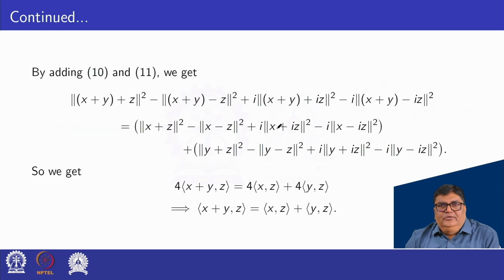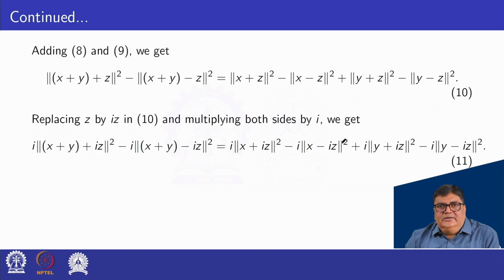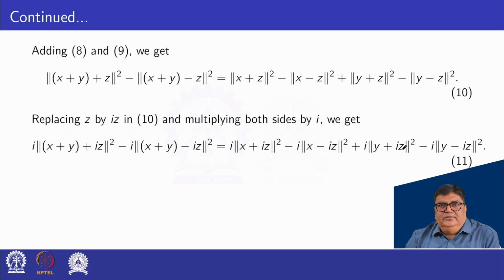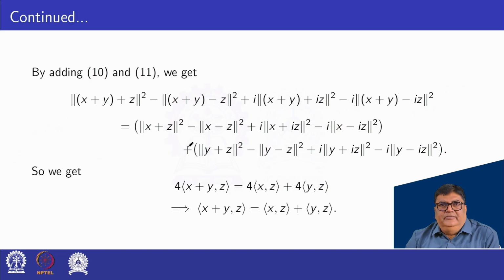Okay, so we can write this again. This term after addition we can write here. So in one bracket this, and in the second bracket norm of (y plus z) square minus norm of (y minus z) square plus i norm of (y plus iz) square minus i norm of (y minus iz) square. Okay, so this one and this in the second term.